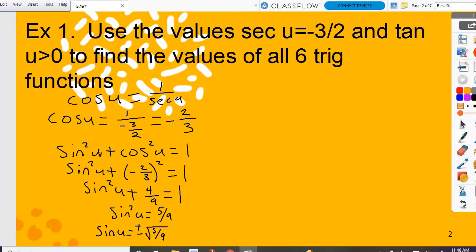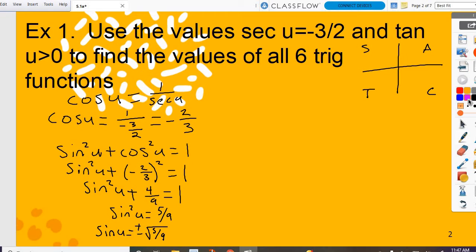Yeah, so on our quadrants, which of our functions are positive in my first quadrant? All of them. Okay, which one is positive in my second? Sine. Which one in my third? Tangent, and then cosine.